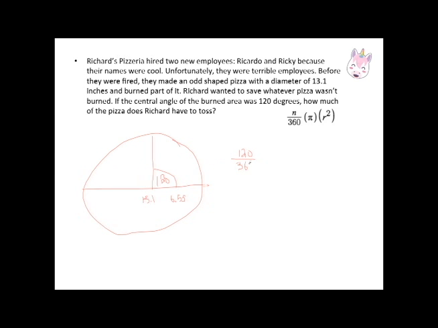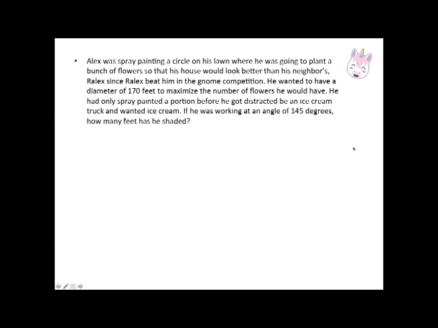Our equation now reads 120 over 360 times pi times r squared, which is 6.55 squared, all equals out to be 44.9 inches squared of pizza that needs to be tossed.